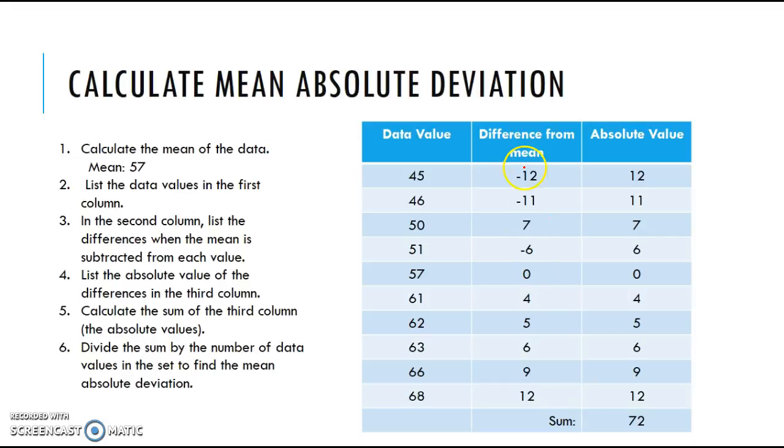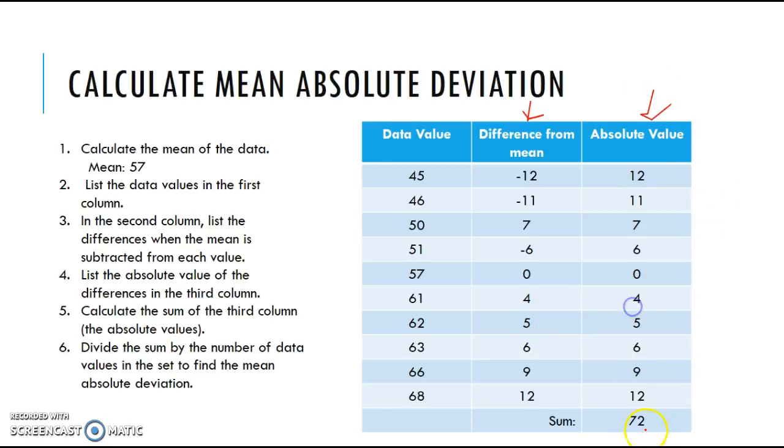Always, if we were to find the mean of this column, we would get 0 because it's the same distance on either side since we're dealing with the mean. So to get an actual measure of spread, we need to take the absolute value of each of these, and that's what goes in our final column.